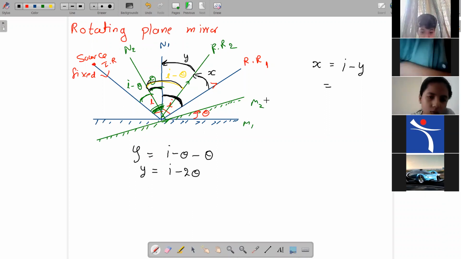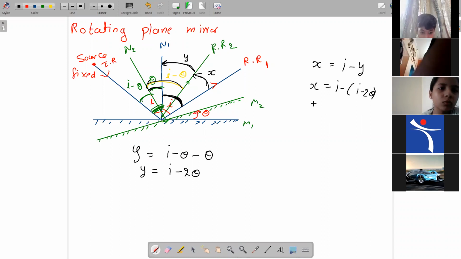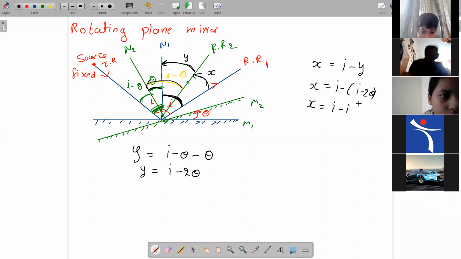Now substitute in this. X is equal to I minus, in place of Y, I minus 2 theta. So X is equal to I minus I, minus into minus plus 2 theta. I minus I cancels, so you get the answer 2 theta. So X is equal to 2 theta.